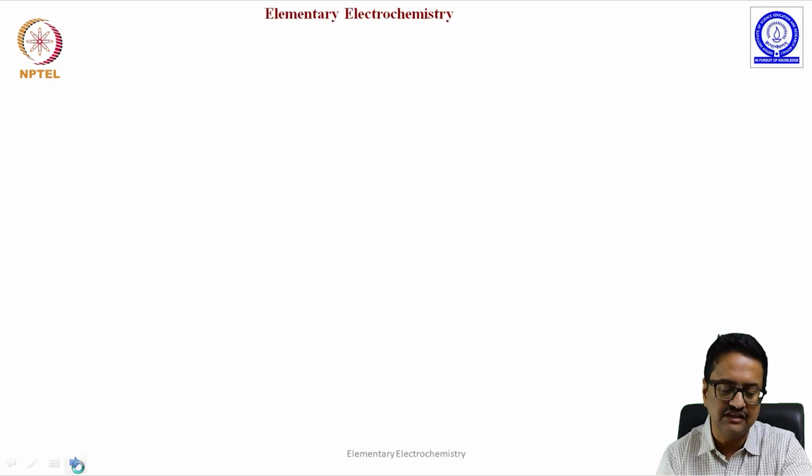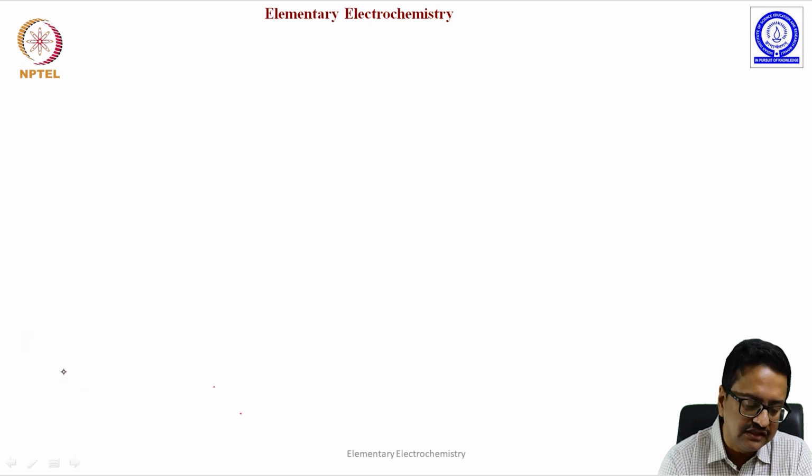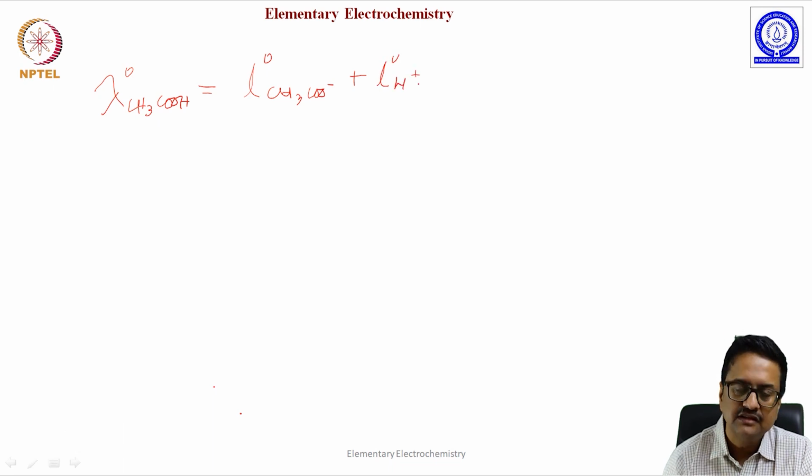We have already discussed in the class that if you want to determine lambda 0 for acetic acid, then you have to use the method where you have L0 of acetate plus L0 for H plus.